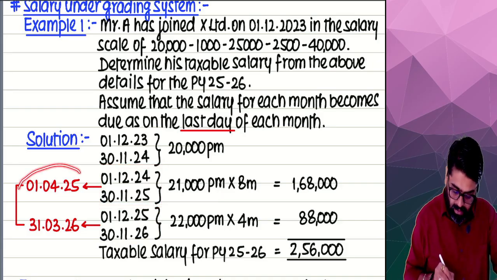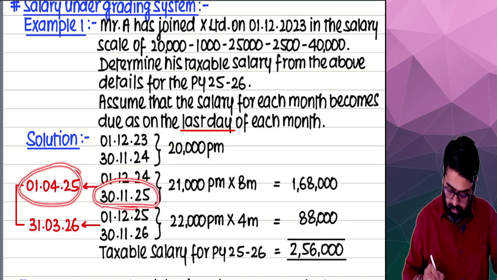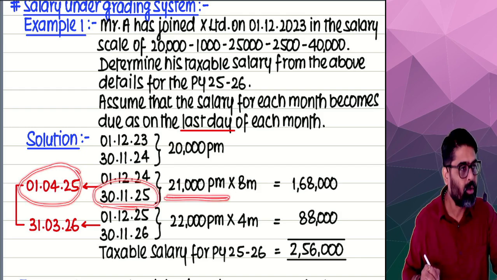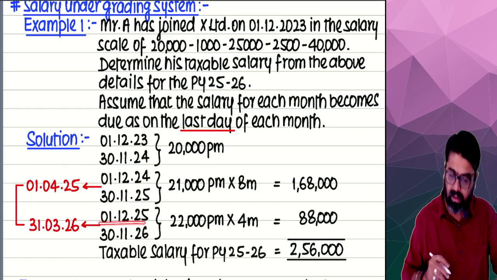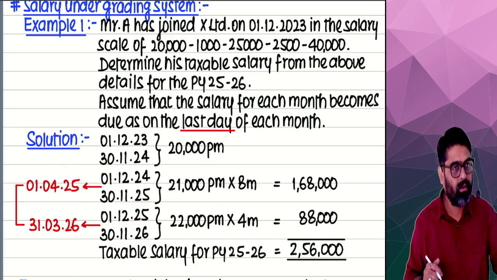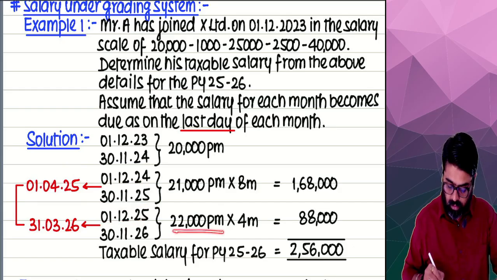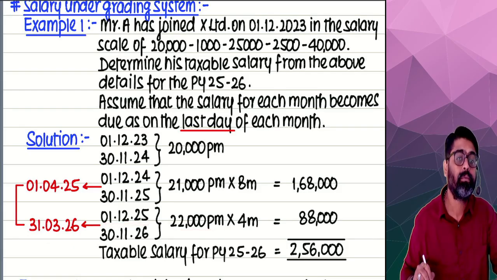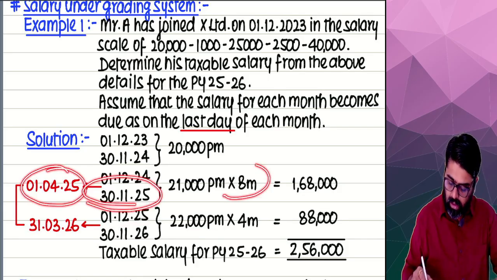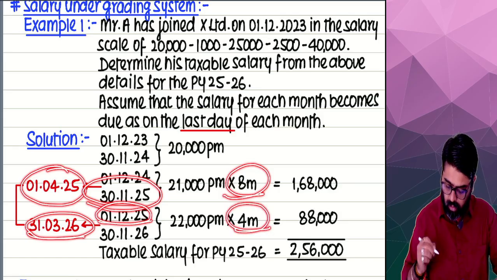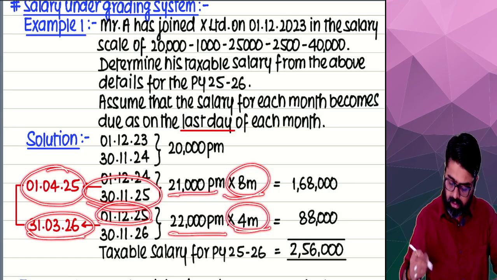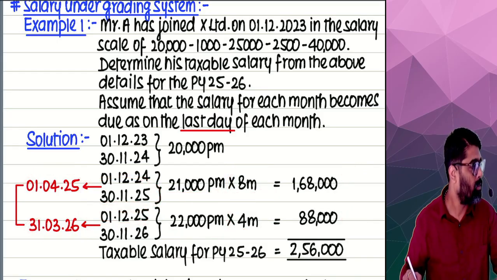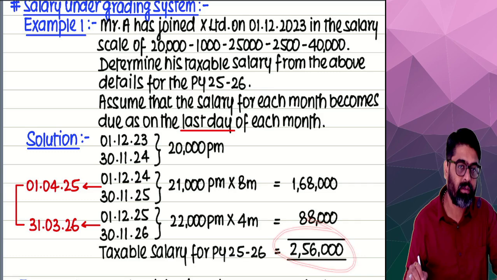So April to November, the salary will be 21,000, and from December the salary is increasing to 22,000. April to November is 8 months, then December to March is 4 months. 21 into 8, 22 into 4. This will be my total amount, and this will be my basic salary.